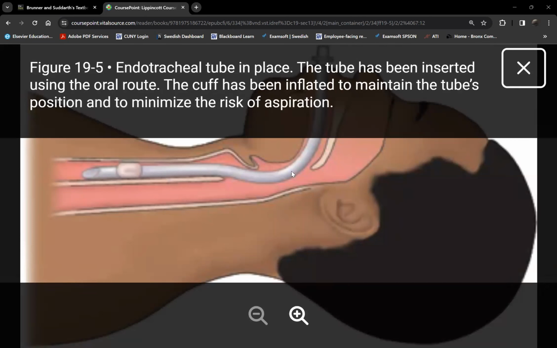One, look at the placement of the tube. Since the tube is hanging over between the esophagus and the trachea, what do you call this structure? What is this piece of muscle here? That's the epiglottis. This one will move forward when we swallow.